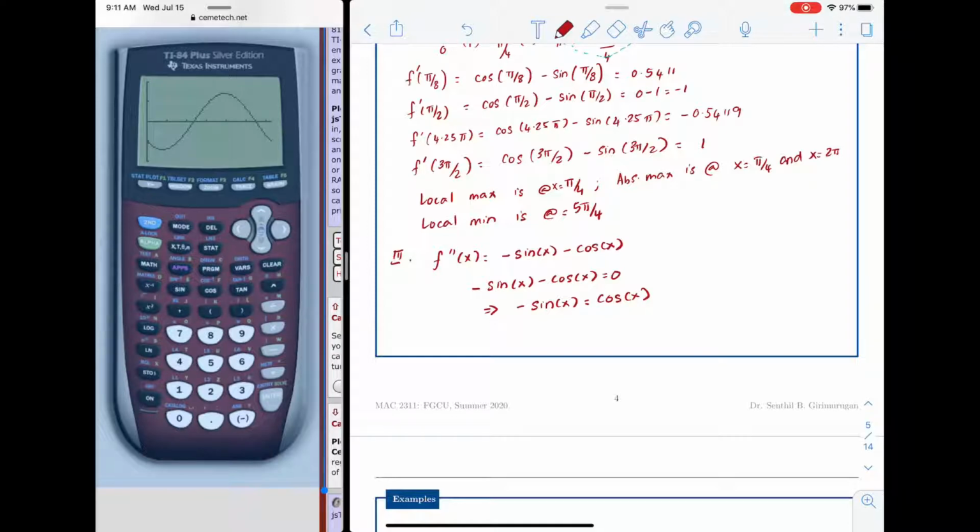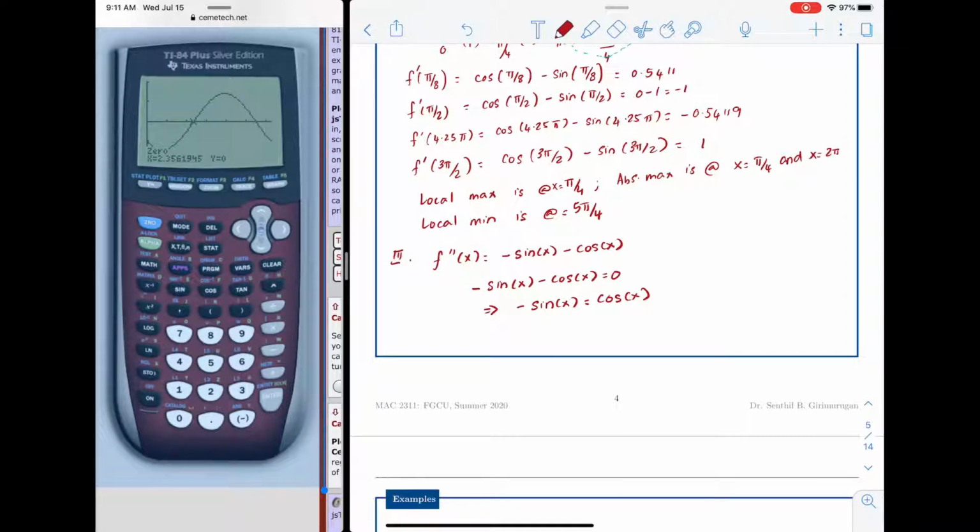So the 2 points here we can trace. And I get 2.356. Now we want to write the answer in terms of pi.